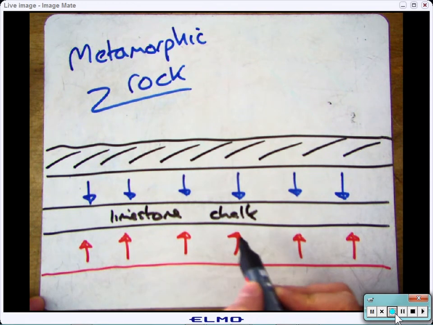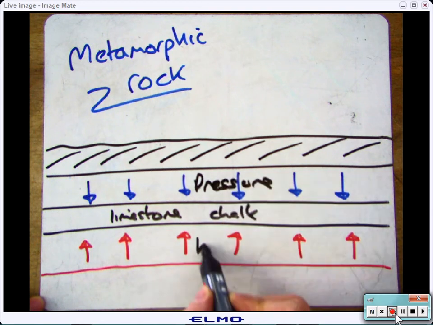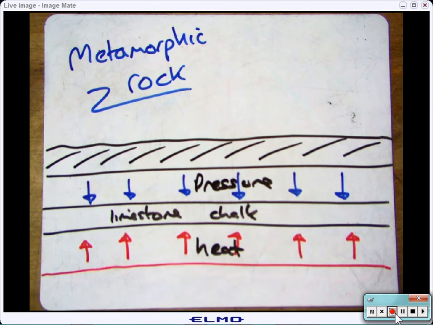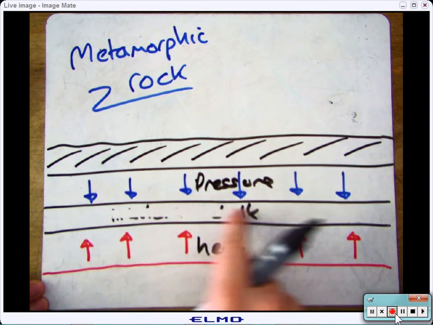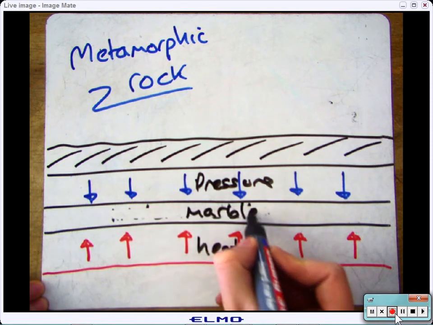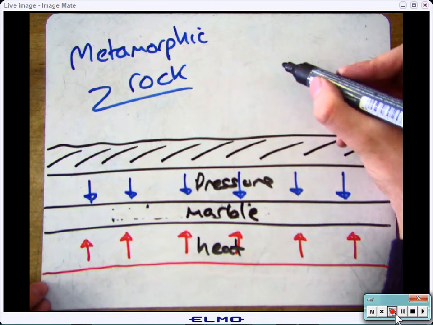So the heat and pressure condense this rock even closer together, crush it even closer together, and turns it into your metamorphic rock, such as marble. One of the key things to remember with metamorphic rock is the rock itself does not melt.